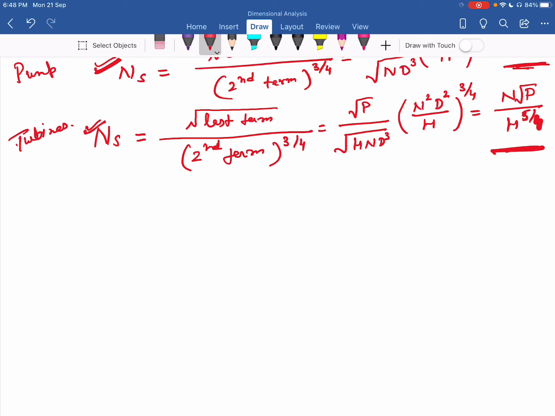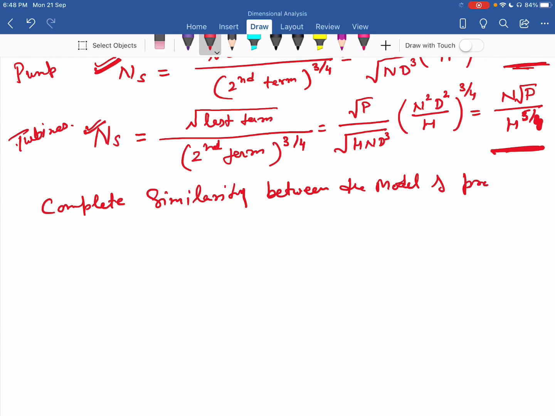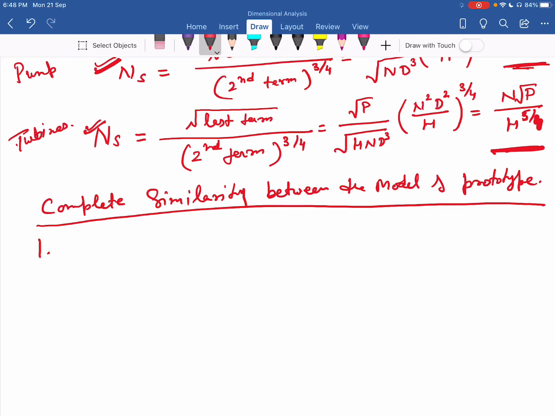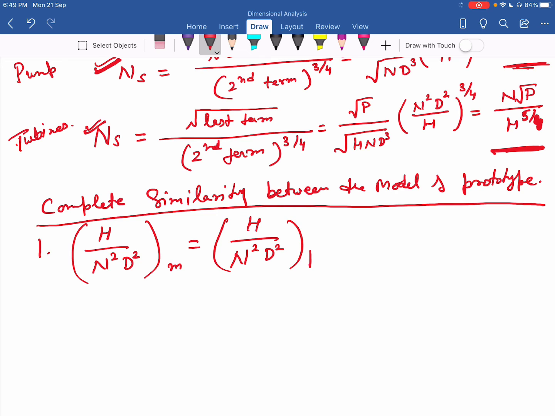The necessary conditions for complete similarity between the model and its prototype are, for the first set of equations, H upon N square D square for model is equal to H upon N square D square for prototype.